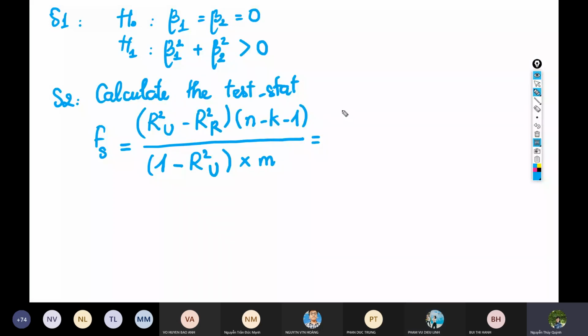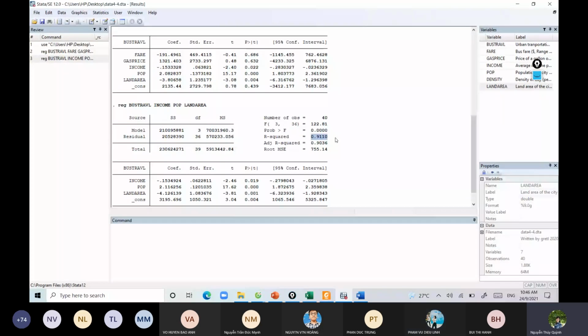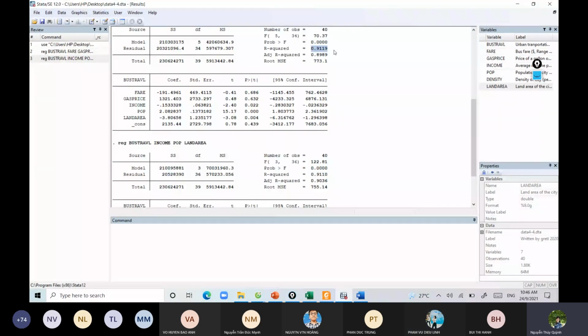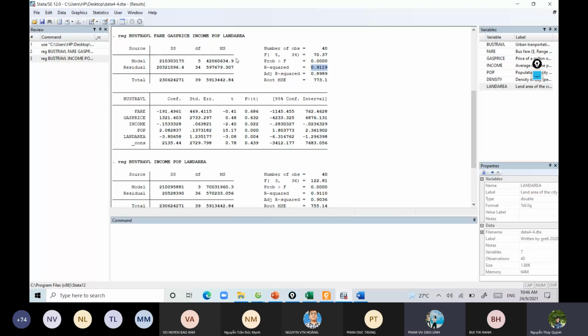We have R square of the unrestricted model 0.9119 minus 0.911. 0.911 here is the R square of the restricted model, and 0.9119 here is the R square of the unrestricted model.